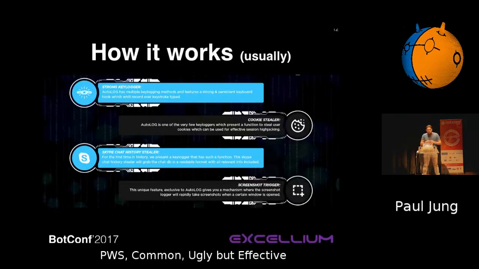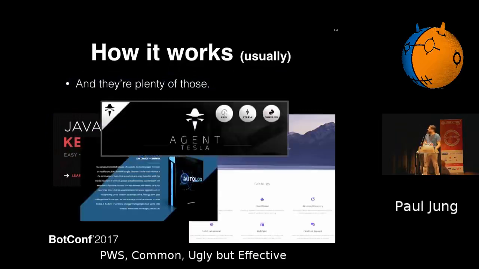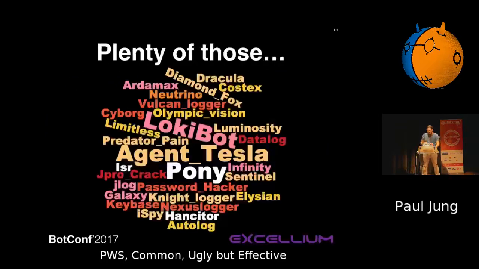Additionally, there is always some competition between them, and it's funny to see: mine is better, mine has logs with colors, it's crazy. And you have tons of these good products. That's fun. For the last 2 years, I have taken a look at what is available and what is used, and there are 30 stealers around.